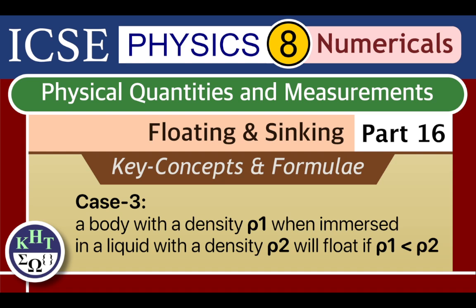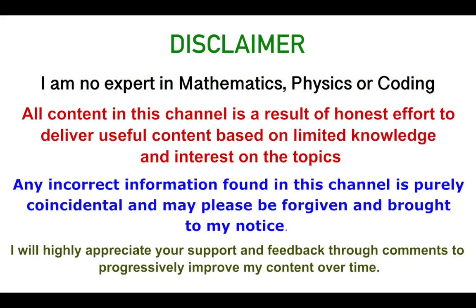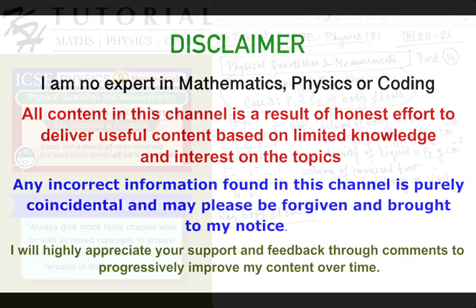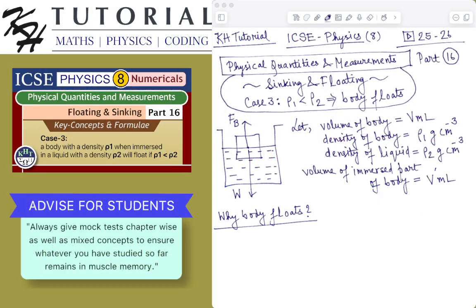So let's start part 16 video, where I will discuss what happens when a body of density which is less than the density of a liquid is immersed in the liquid. Okay, so as usual, I have the diagram.